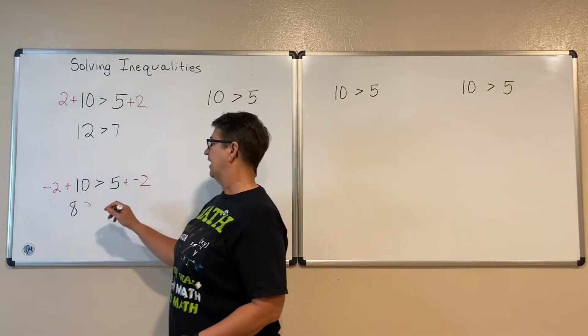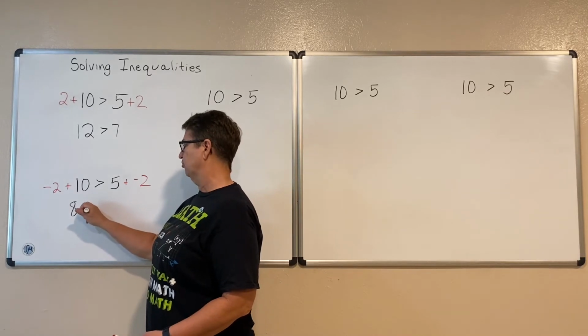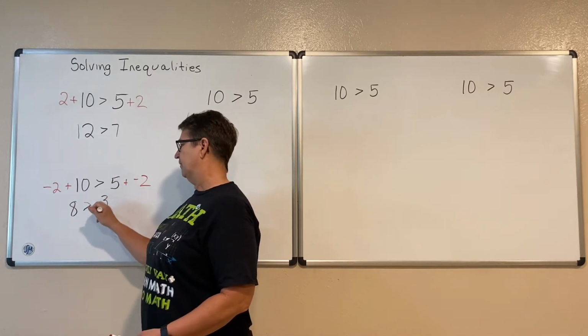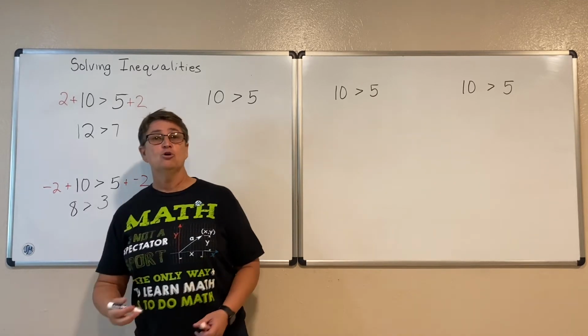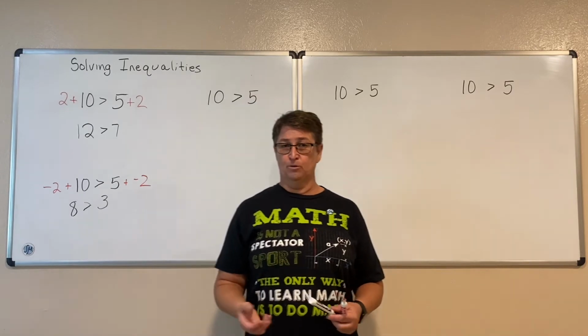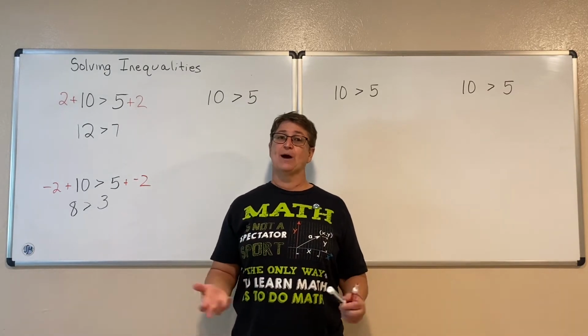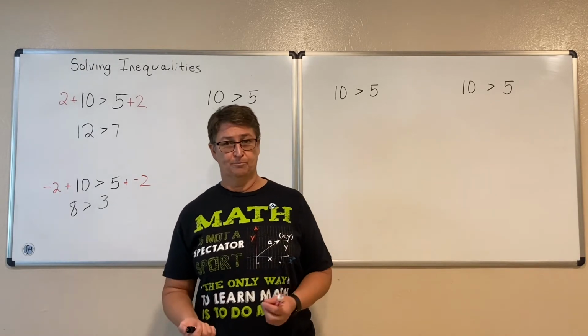And on this side I have 5 plus a negative 2, or 5 minus 2, which makes that 3. 8 is greater than 3. So with inequalities, I can add a number to both sides of my inequality, and everything is still true.